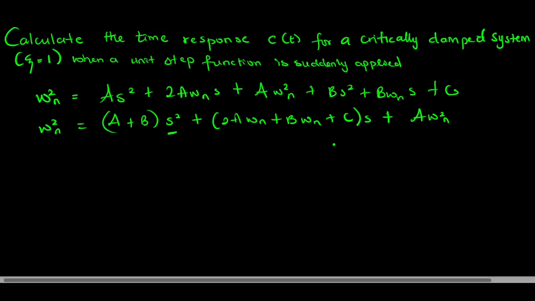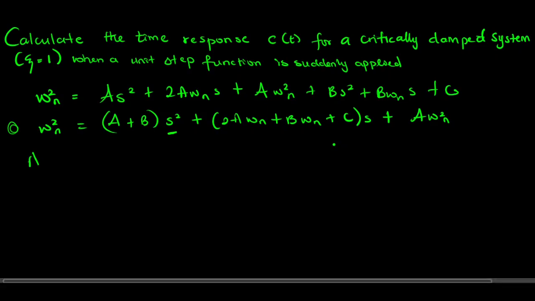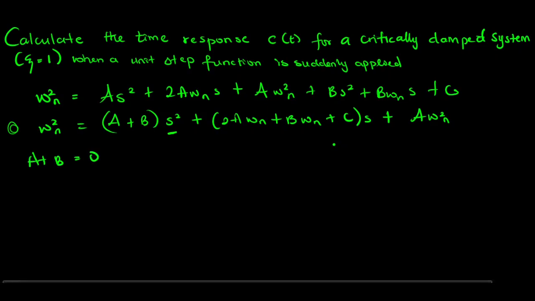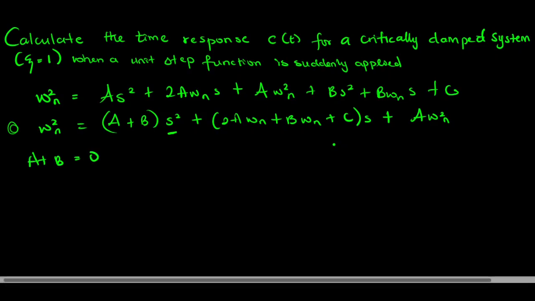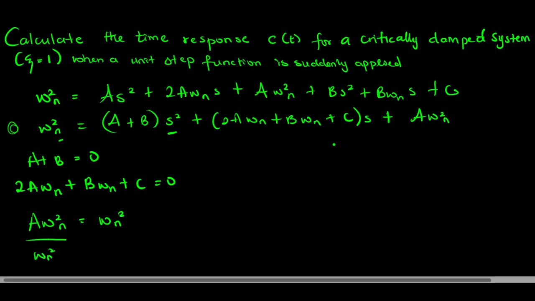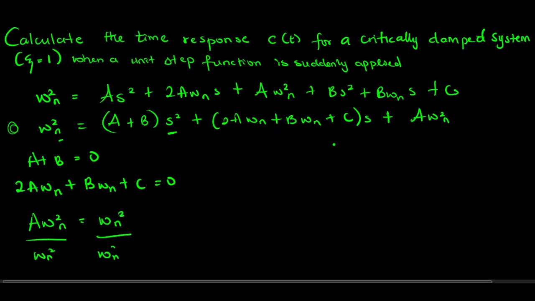We look on the other side to see which other value here has a value of s². None of them have, so it's going to be A + B = 0. For this next one, it's going to be equal to 0 as well. And for this last one, it's going to be equal to this, because these are both constants. So to get A, you just divide both sides by ωn², which means that A is going to be equal to 1.